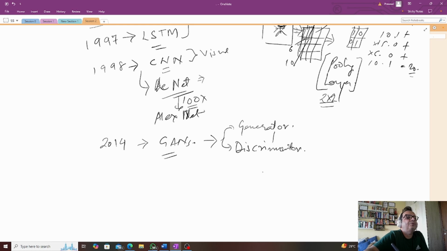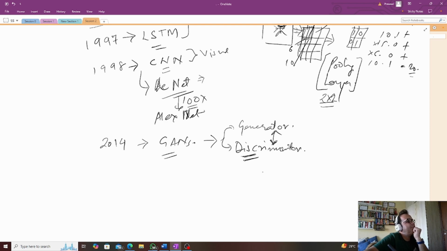And they are adversarial in nature. They work against each other iteratively to a state where the discriminator is not able to identify what is right and what is wrong.